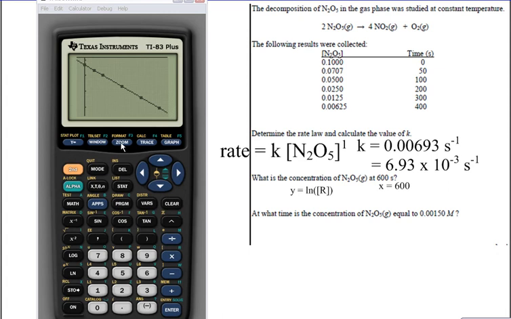I'll get something that looks like this, except it might not look like this because I paused while I did a very critical step. Originally, you wouldn't be able to see your line graph because your window is too small. So I'm going to clue you in on a little secret that the math department has been holding out on you.